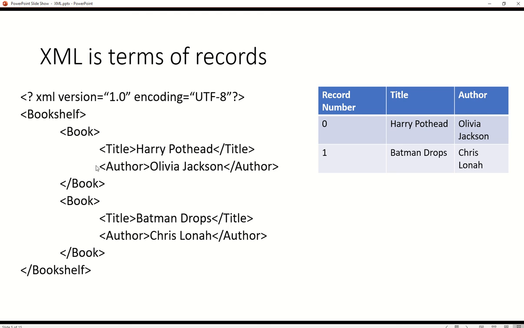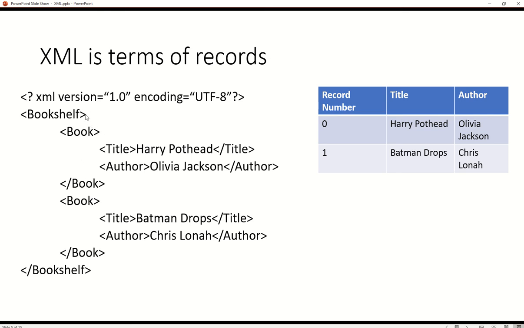Now the cool thing about XML is you notice that all of these tags are self-explanatory. Title, that's a title. Author, that's the author. These two make up a book, and these books make up a bookshelf. So it's very self-descriptive, just like HTML.